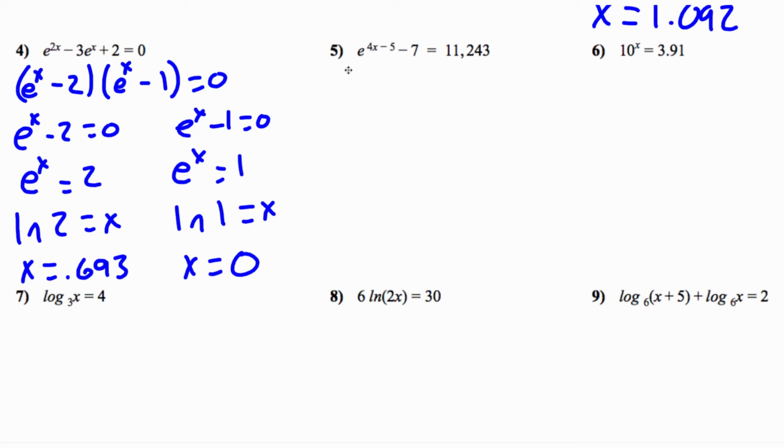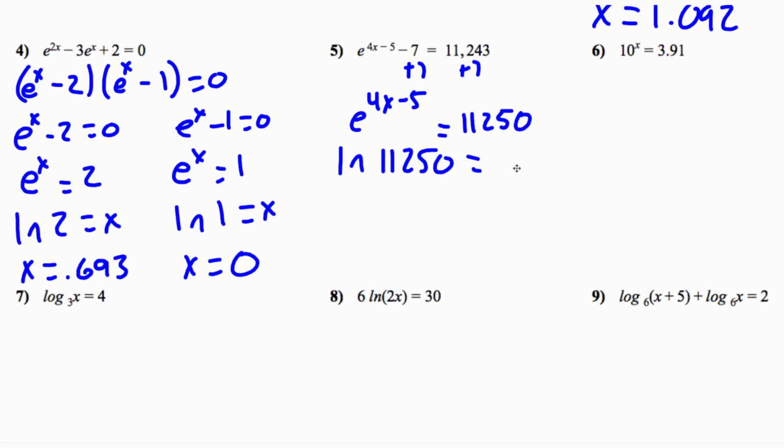On number 5, we need to work on getting this exponential e thing all by itself. So the first thing I'm going to do is add that 7 over to the right-hand side. So we get e to the 4x minus 5 equals 11,250. And then this exponential has a base of e, so we're going to change it to a natural log of 11,250 equals 4x minus 5.